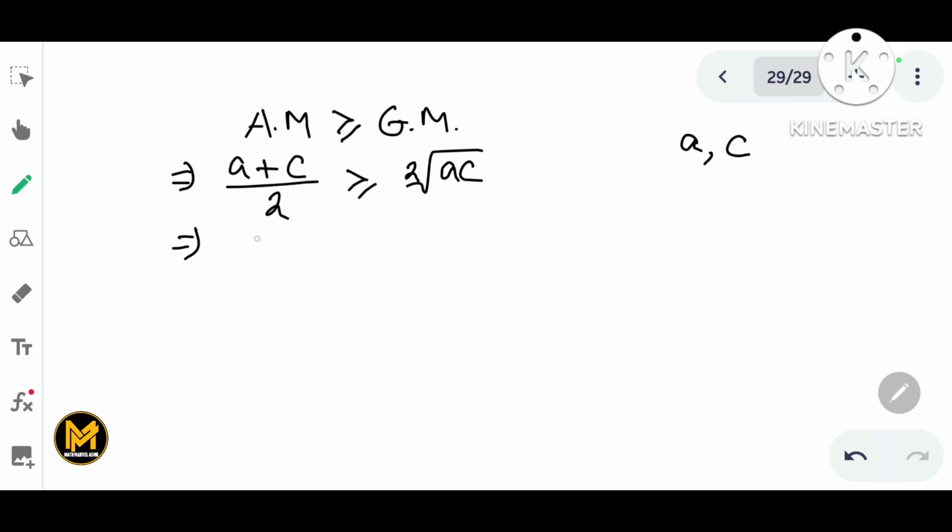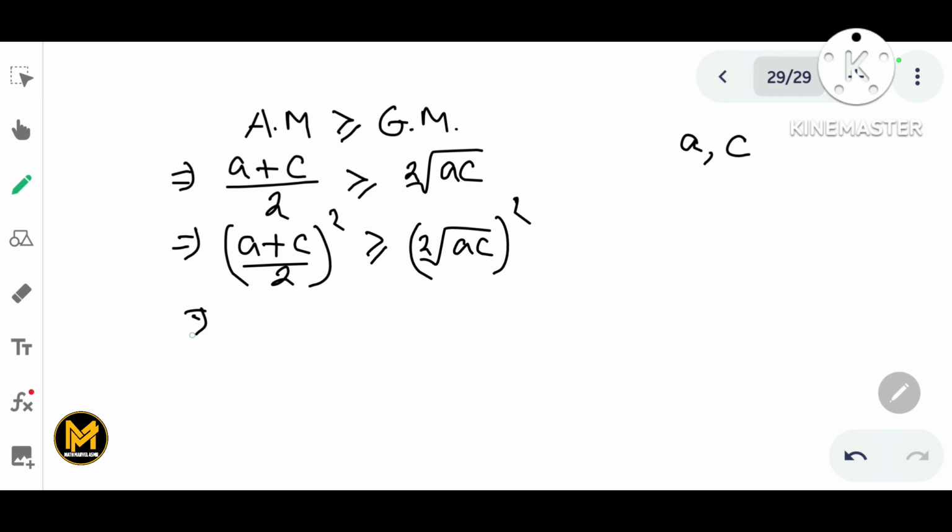Now take squares on both sides, that is ((a plus c) by 2) whole square is greater than or equal to (root of ac) whole square. So (a plus c) whole square divided by 4 is greater than or equal to ac.